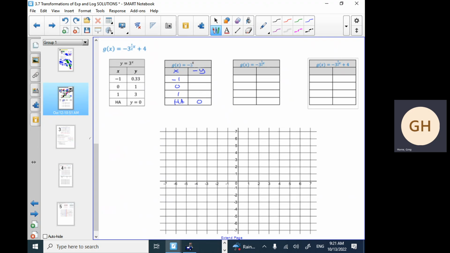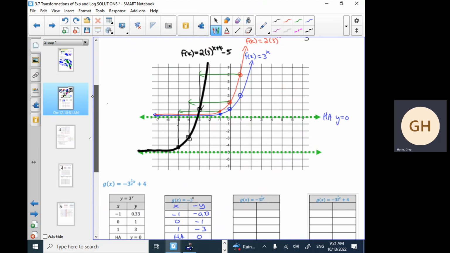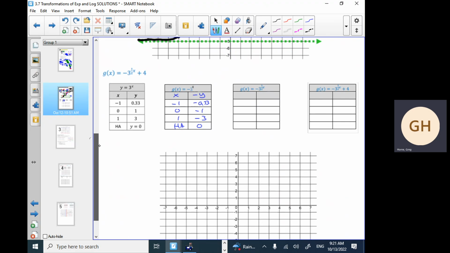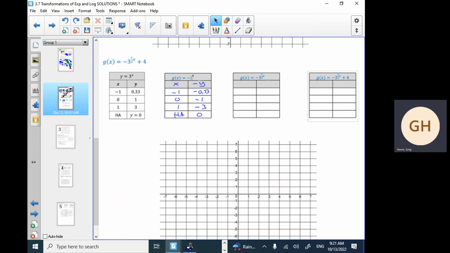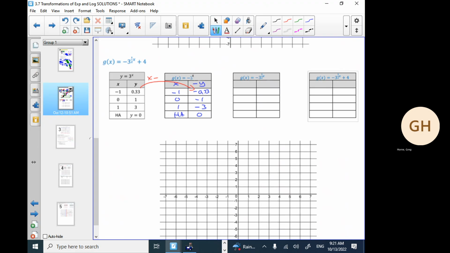And so these are just going to get multiplied by a negative here, right? So it's negative 0.33 and the negative 1. Right. So that is shown by having, which I used before. I used red first before. So maybe multiplying the y's by negative 1. Right.